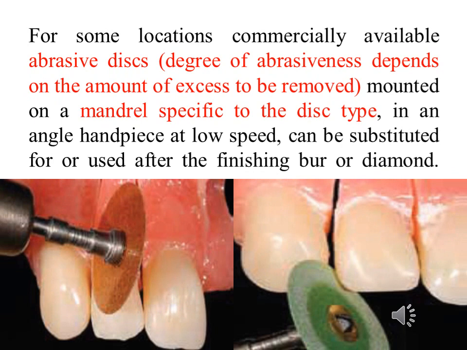Here in this picture we see some types of abrasive discs that have different degrees of abrasiveness depending on the amount of excess to be removed. The disc is mounted on a mandrel specific to this type of disc in an angle handpiece at low speed, and can be substituted for or used after the finishing burr or diamond in special areas.